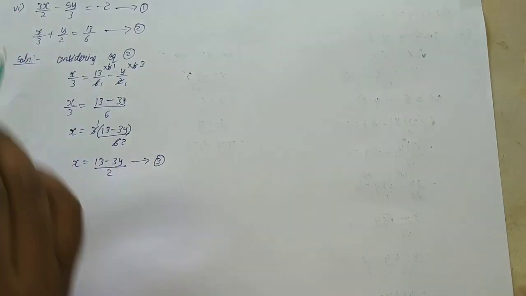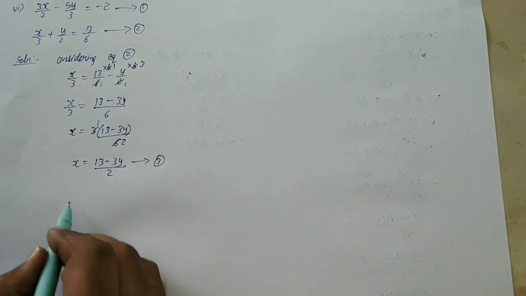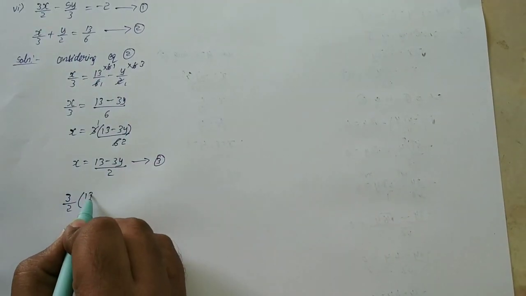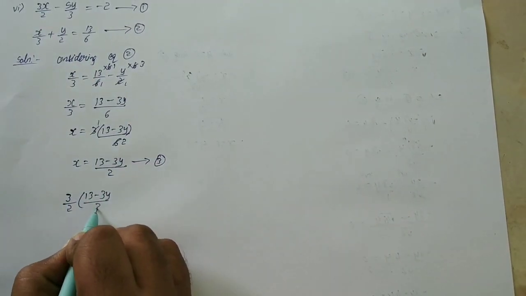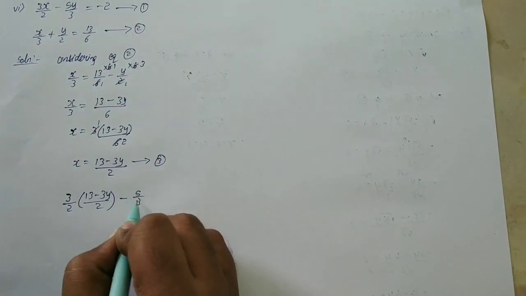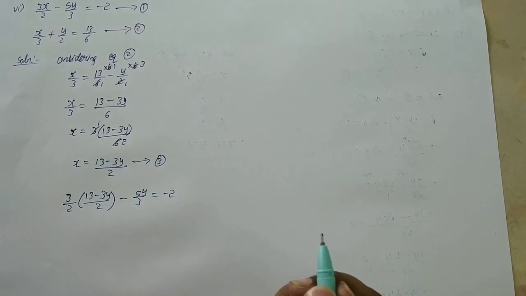In equation 1. So here in equation 1 I will write 3 by 2 as it is. In place of x I will write this value, 13 minus 3y by 2, minus 5 by 3 into y is equal to minus 2 as it is.